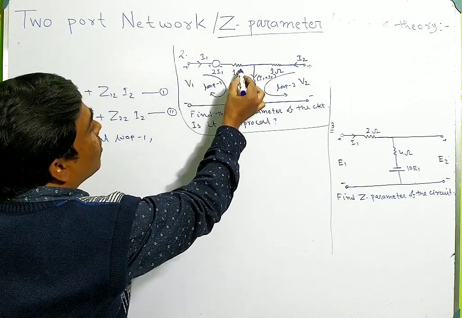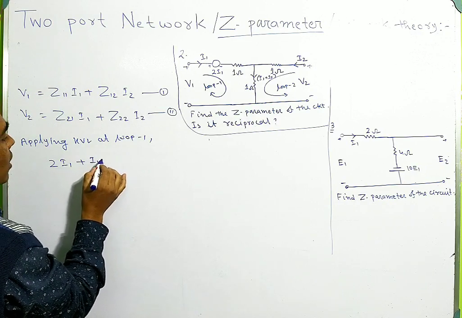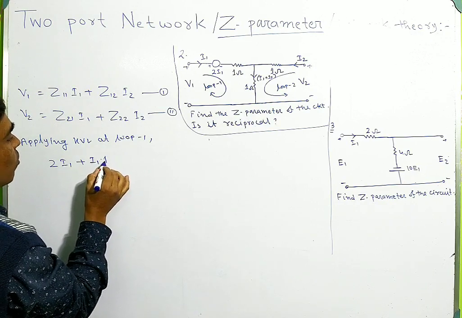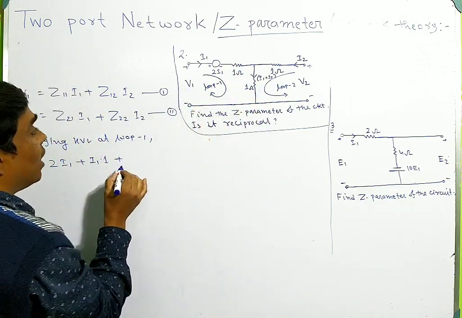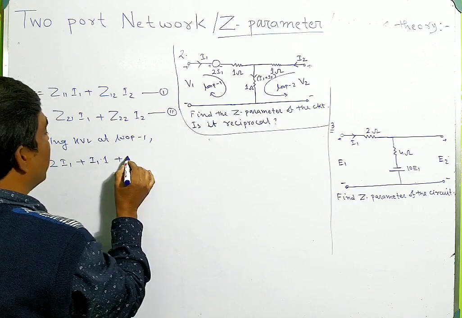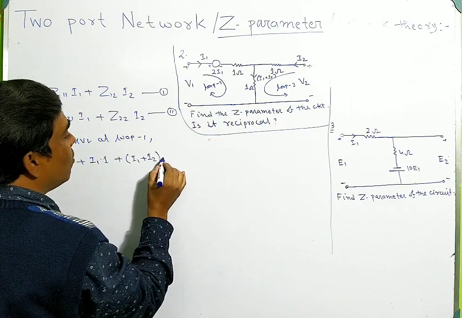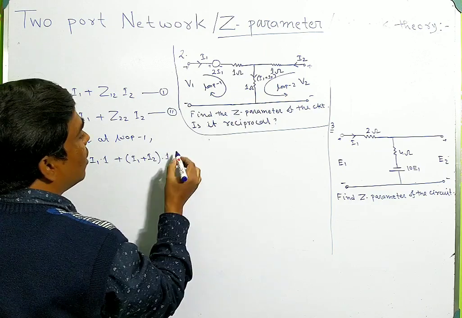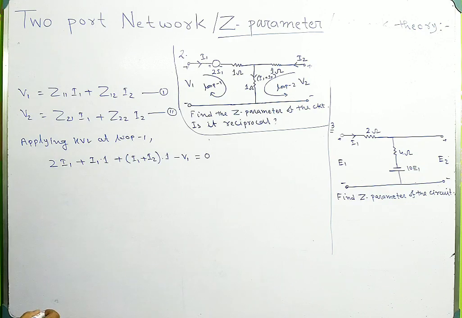The current through this resistance is I1, so plus I1 into 1, that is I into R. Then plus the current I1 plus I2 into resistance 1, and minus V1 equals 0.